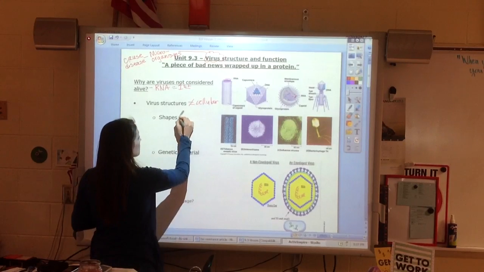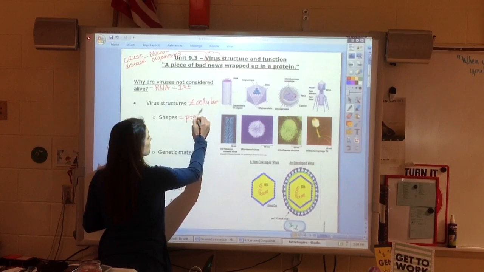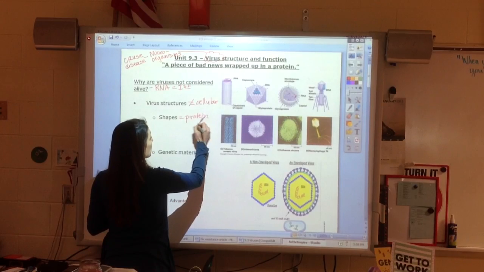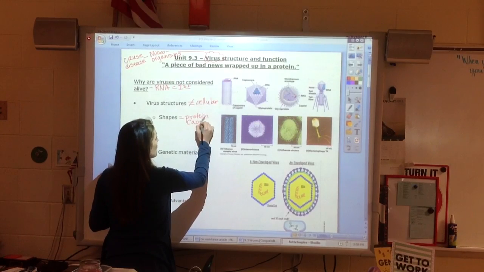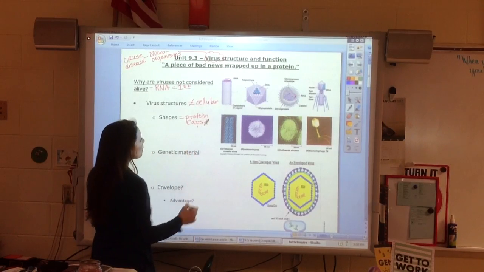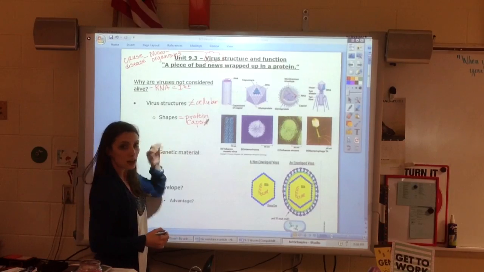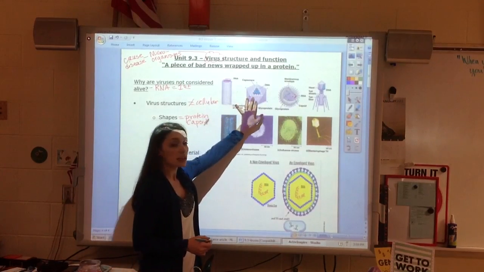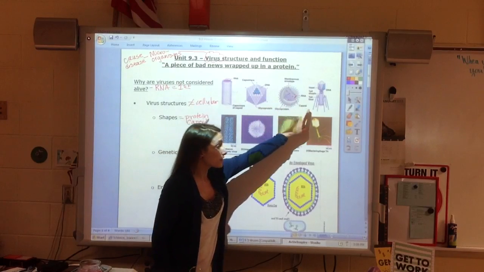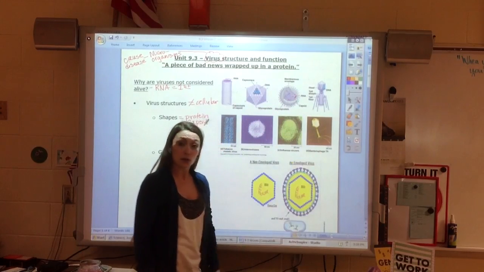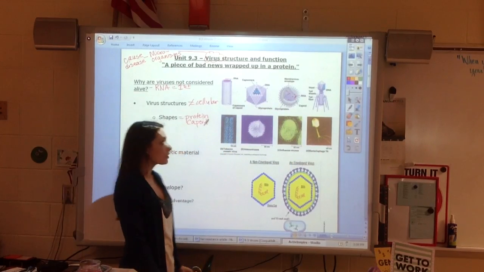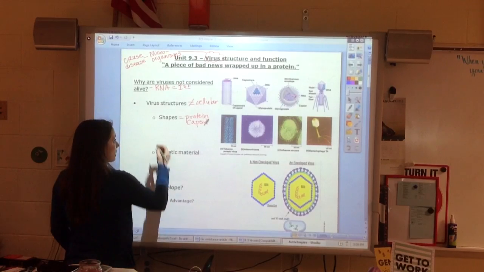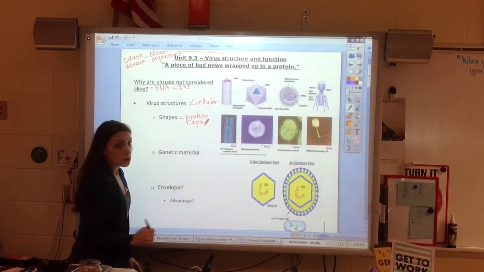In viruses, it's a protein coat called a capsid. This capsid can come in a variety of shapes: helical, icosahedral, spherical, or these strange bacteriophages, which we'll talk about a little bit later. But the main idea is that these are actually proteins.